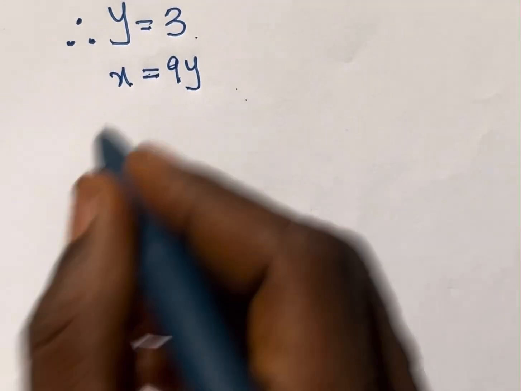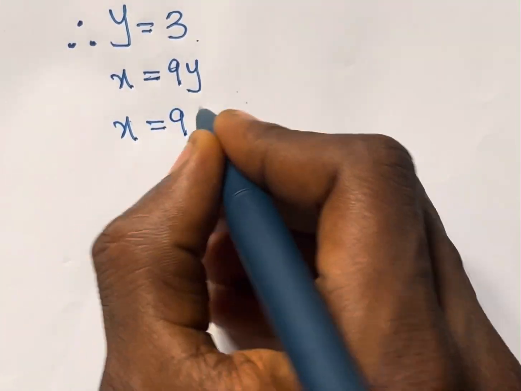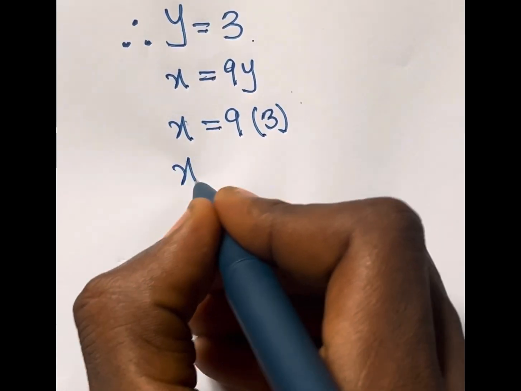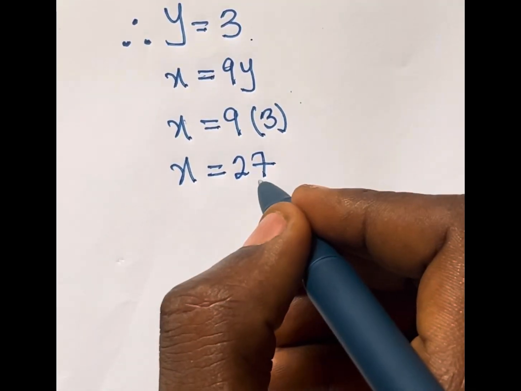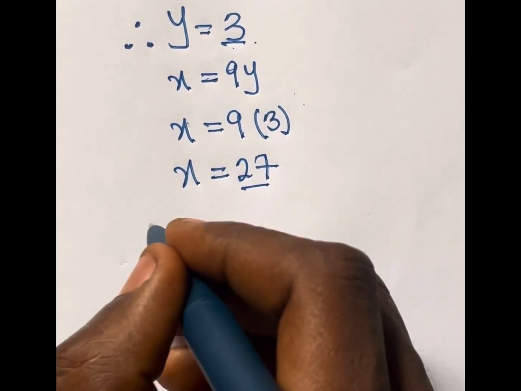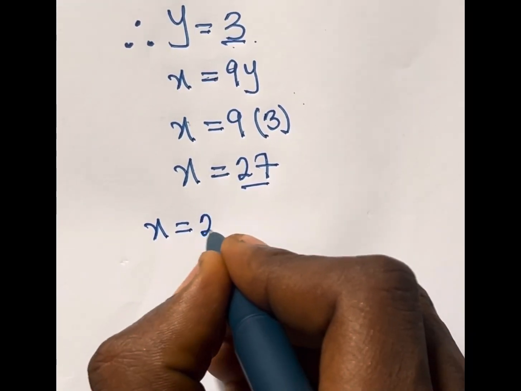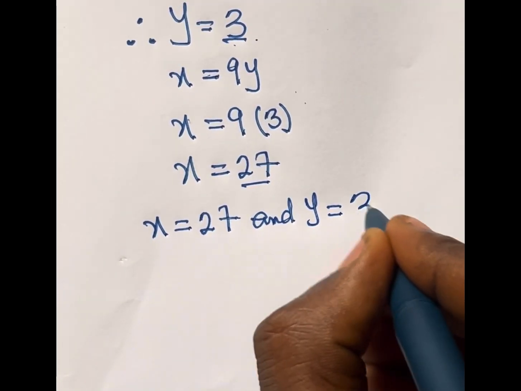So now we have x is equal to 9 multiplied by 3, and that is 27. So our x is equal to 27 and our y is equal to 3.